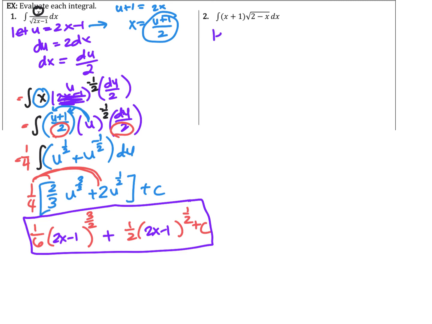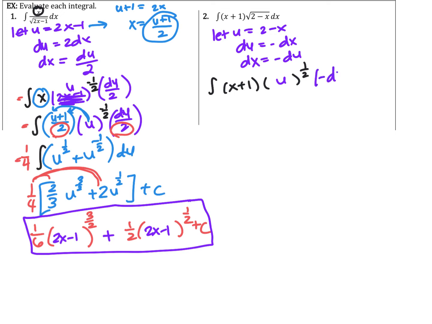So on number 2, I'm going to go ahead and let u equal 2 minus x. That's going to make du negative dx, or dx is equal to negative du. So if I tried to rewrite my integral now, I still have x plus 1. I now have u to the power of 1/2, and I have negative du.